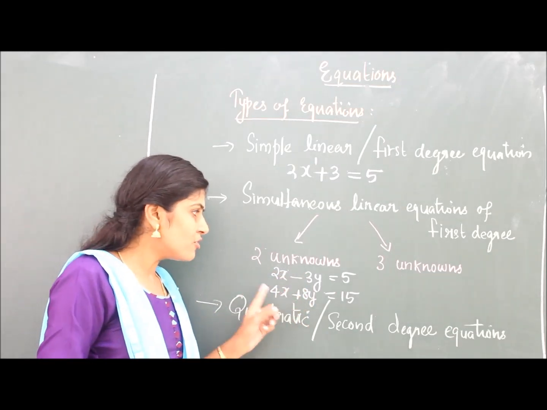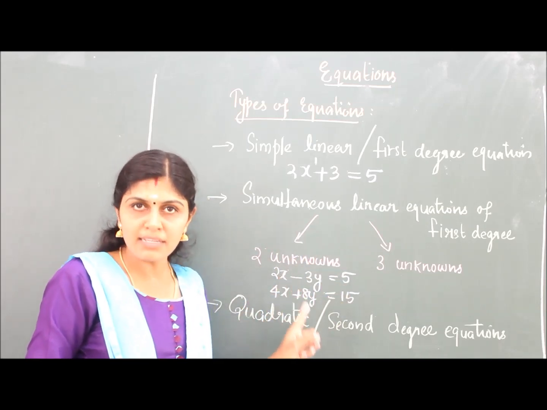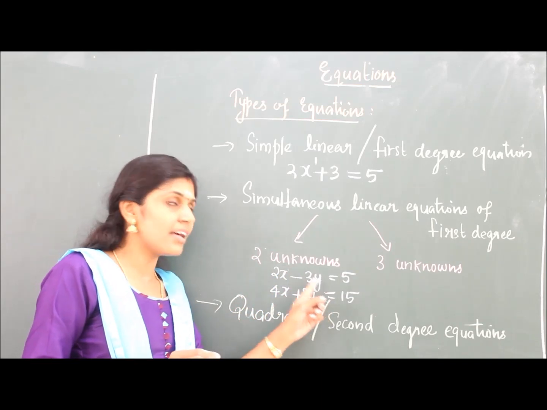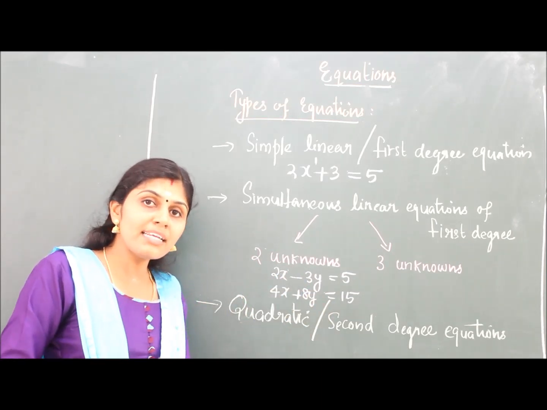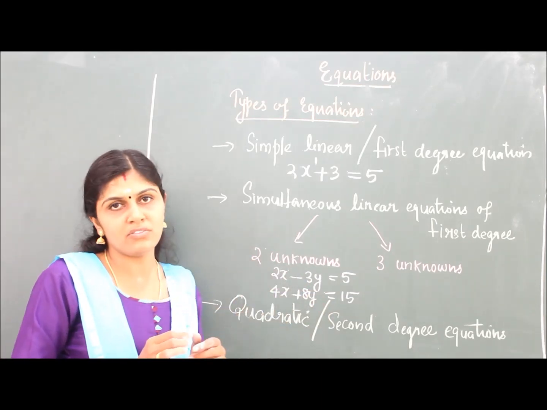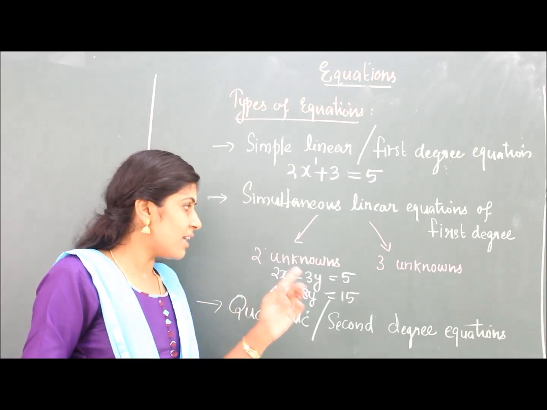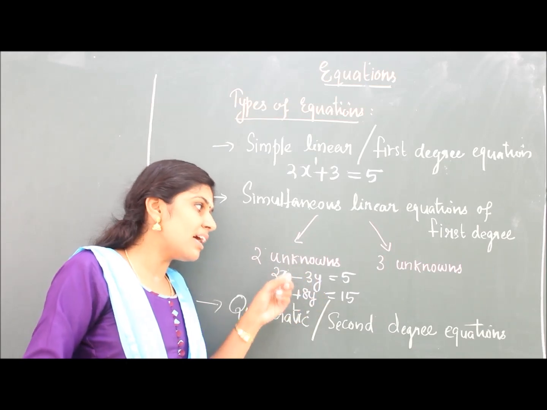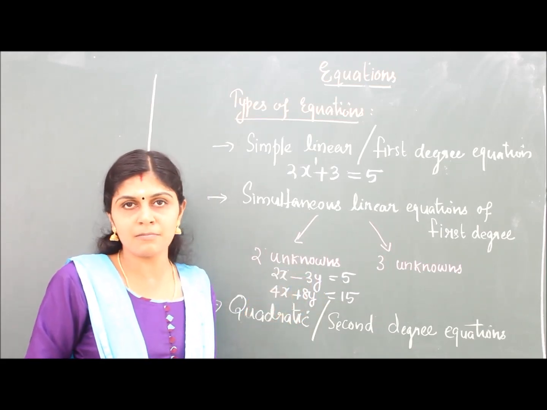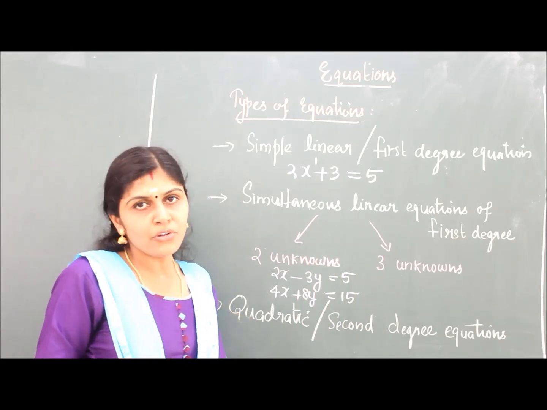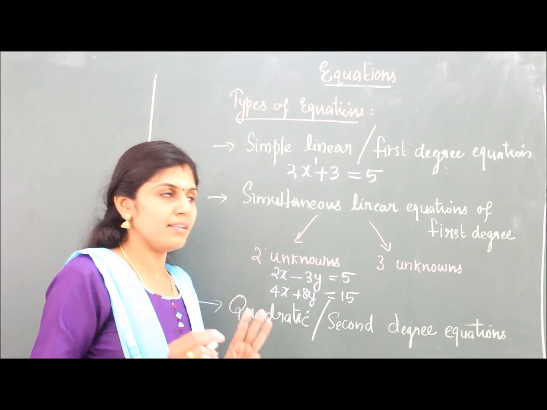Here, the solution of this system of equations means that we have to find the values of x and y which simultaneously satisfy both these equations. Which means that we have to find an x and y which satisfy the first equation as well as the second equation together.